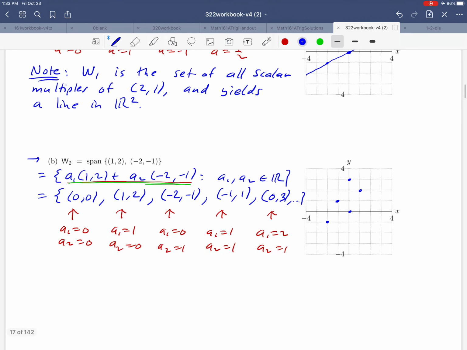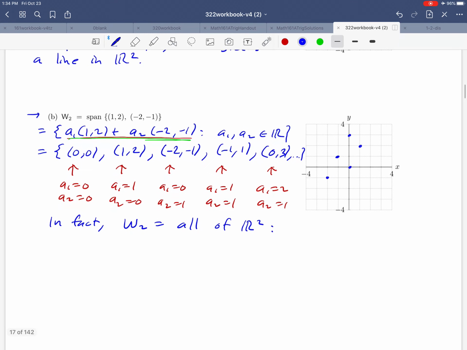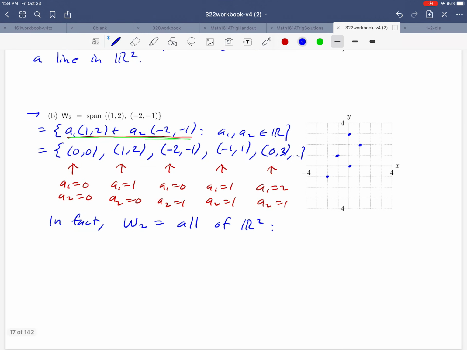Well, if you did this experiment, you could probably convince yourself that we can get any point we want in R2 if we choose the a1 and the a2 right. So in fact, W2 is all of R2. Now we're not going to prove that, but let's write down what that's really saying algebraically.